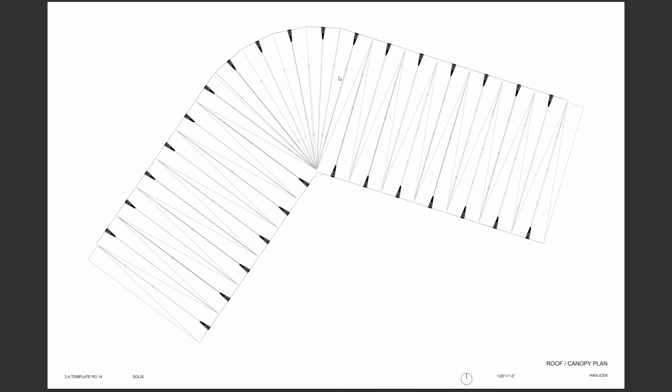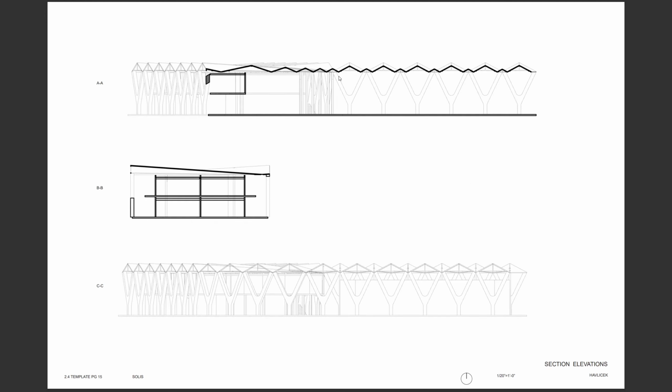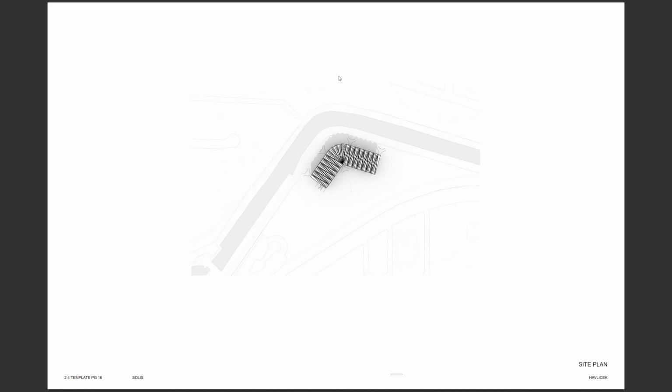And this is just looking overall at the canopy roof structure, which is a little complex due to the three different grids. And back at the sections again with some detailing. And looking at shading, it does have, because of the triangulation at the tips, a little unique shading to the north.